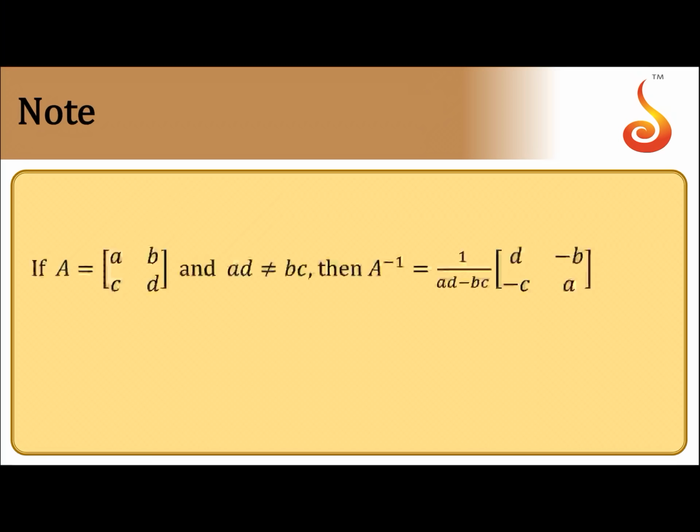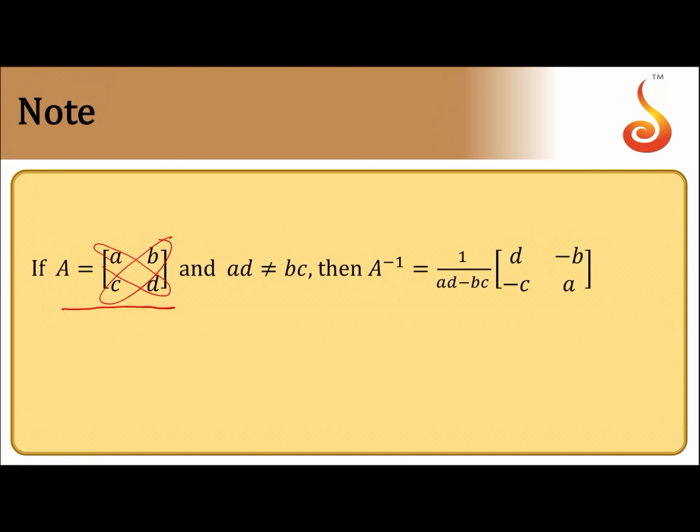Now we shall see the properties. First one: if A is a 2 by 2 matrix [a b; c d], where AD minus BC is not equal to 0, then A inverse equals 1 by AD minus BC into [d -b; -c a].